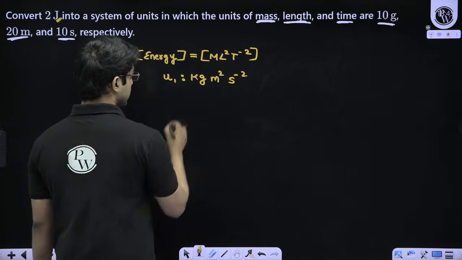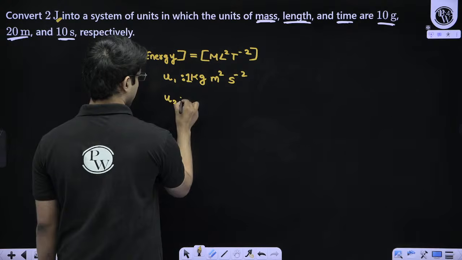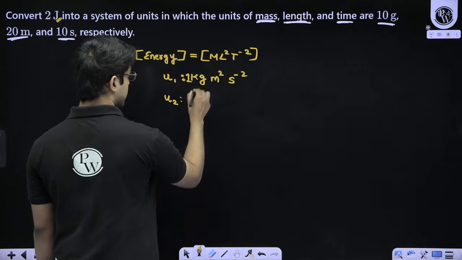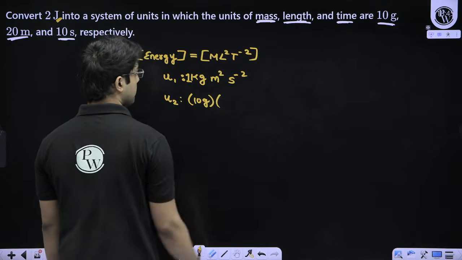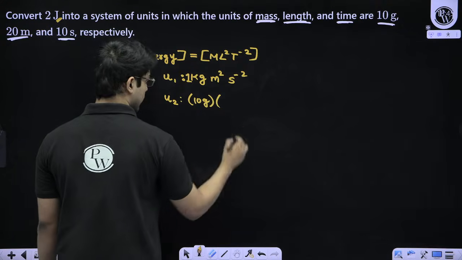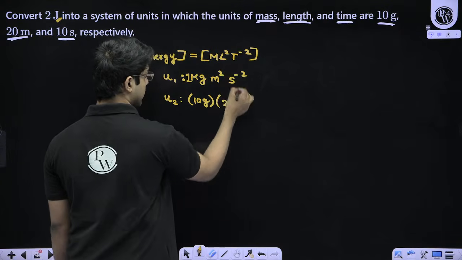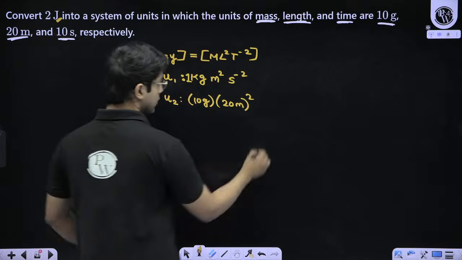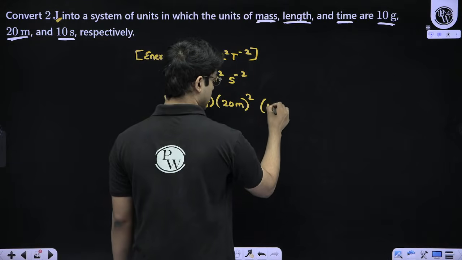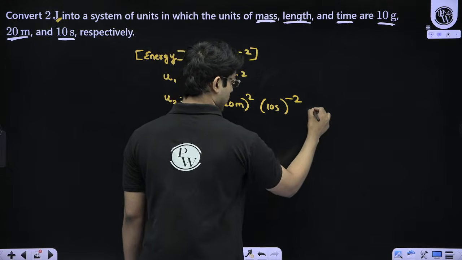So this is U1. What about U2? In the second unit system, mass unit is 10 gram, and length unit is 20 meters, but you have to square the length unit, and time unit is 10 seconds raised to minus 2. So what does this come out to be?